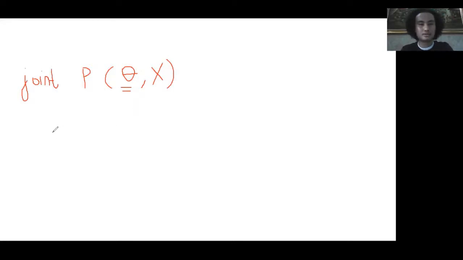So here is the basic idea. Theta here, we can describe as a function, for example g(x).